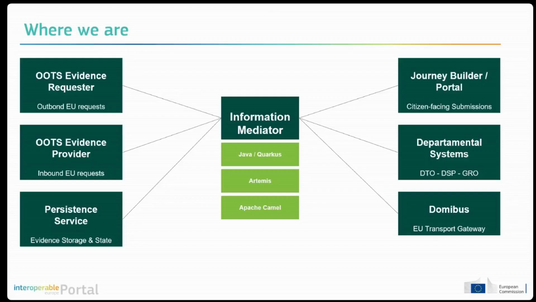That capability is being used in the OOTS project, in which we receive requests from other European Union countries and are able to respond with specific documentation, the birth certificate, for example. It is integrated with DOMIBUS, the European Union transport gateway. Next slide, please.